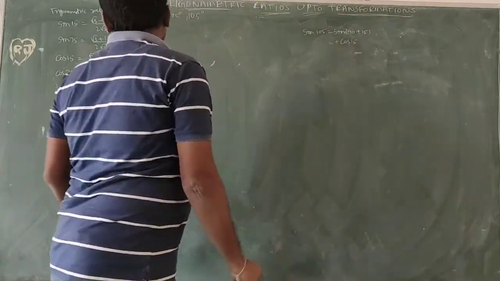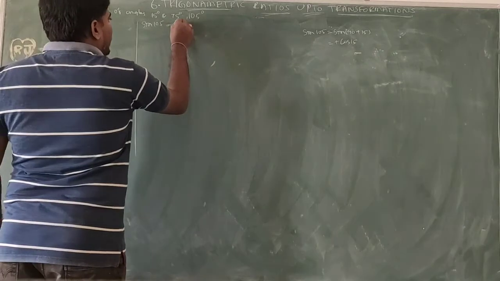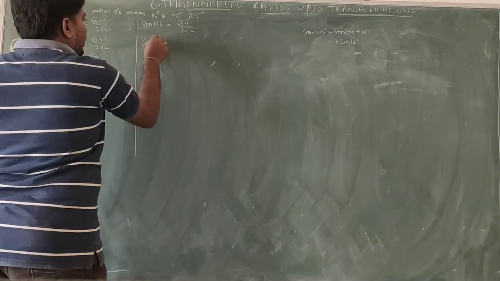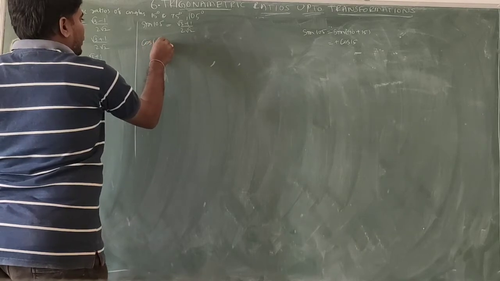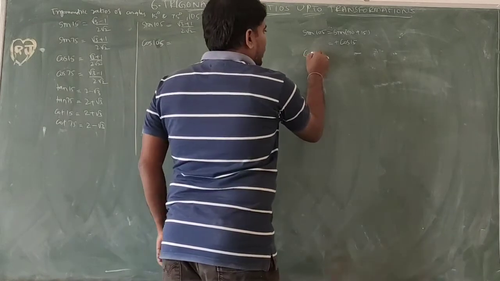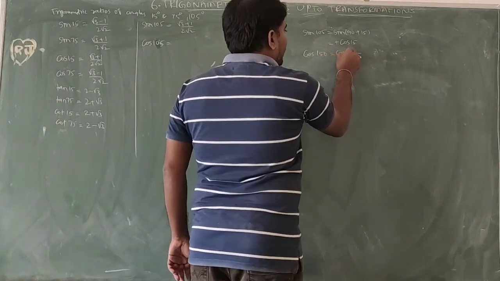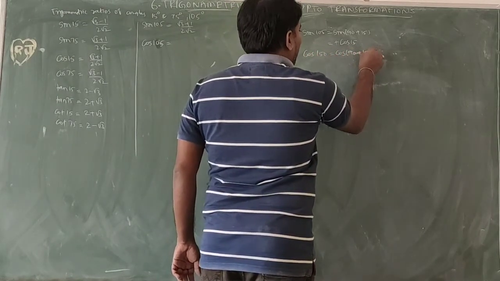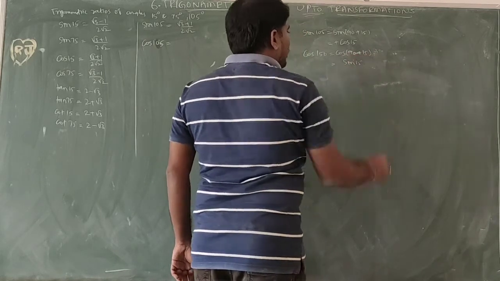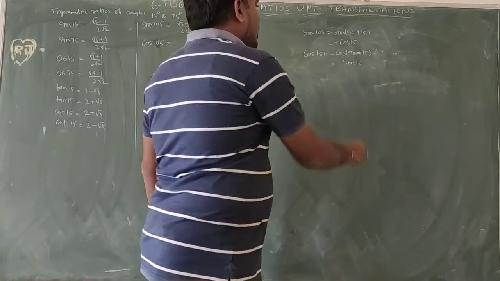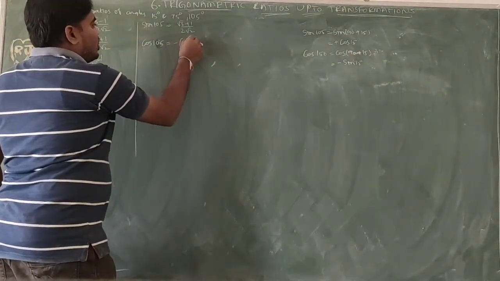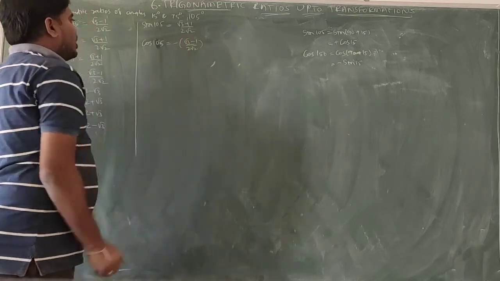Cos 15 value is root 3 plus 1 by 2 root 2. Next, cos 105 equal to cos of 90 plus 15. Since it is 90, cos will become sin, and in the second quadrant cos is negative, so minus sin 15. So minus of root 3 minus 1 by 2 root 2.